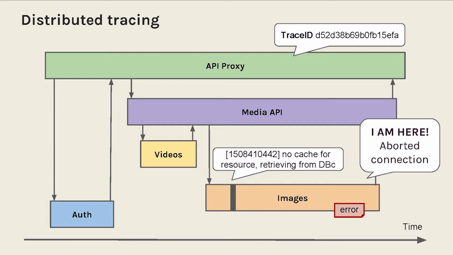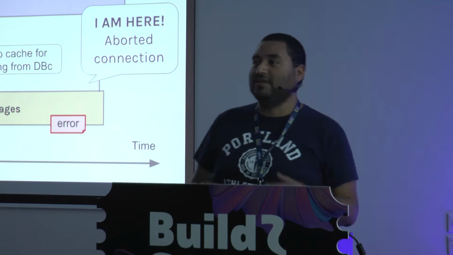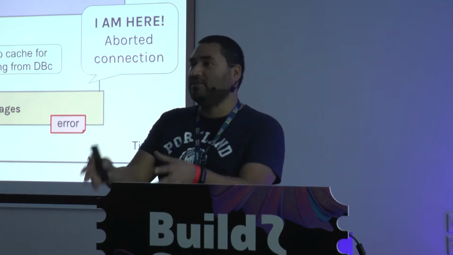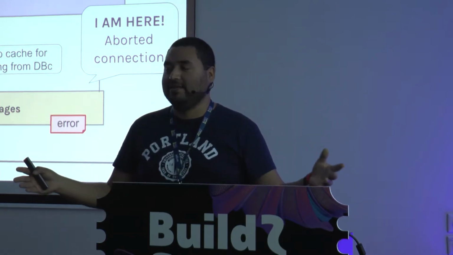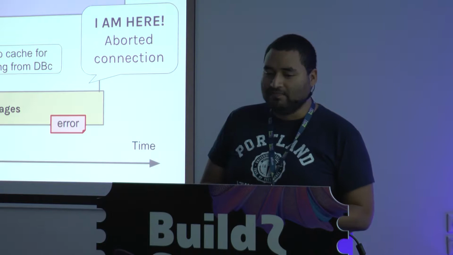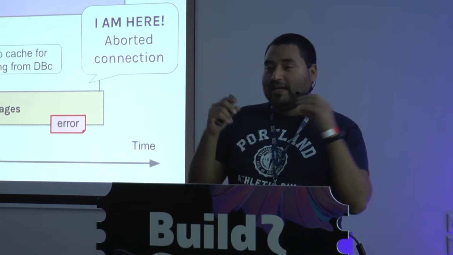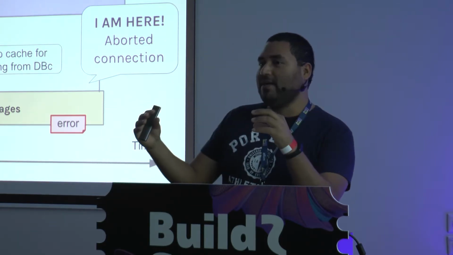It's about tracking and analyzing requests as they bounce around distributed architectures as a whole, right? You can think of it as an action replay for a specific request. I say request, but it could be message-based use cases. In this graph, you can see what happened for the request to the media API, right?